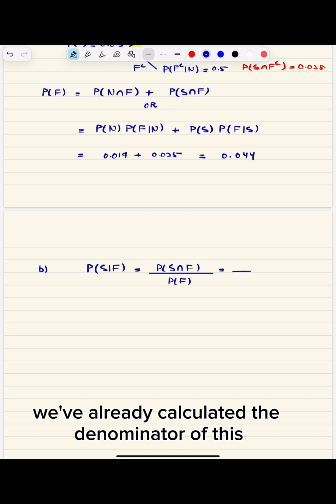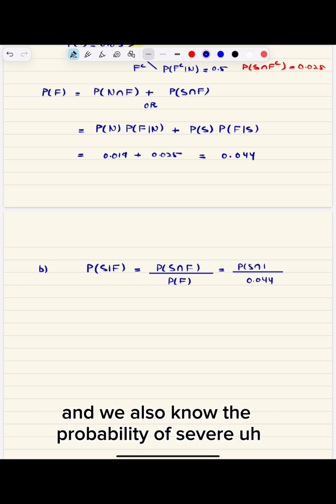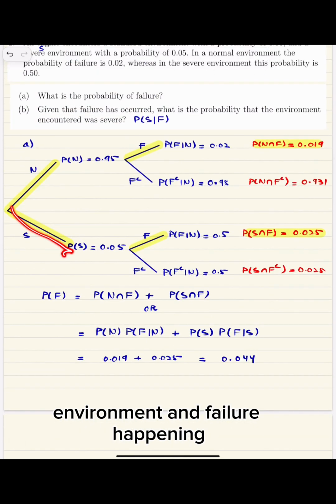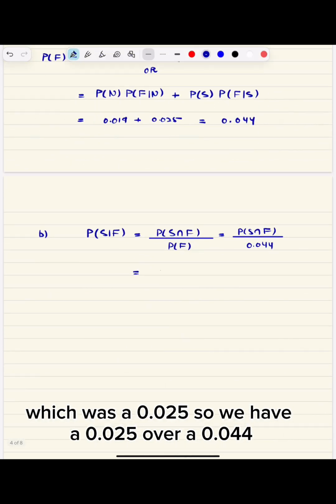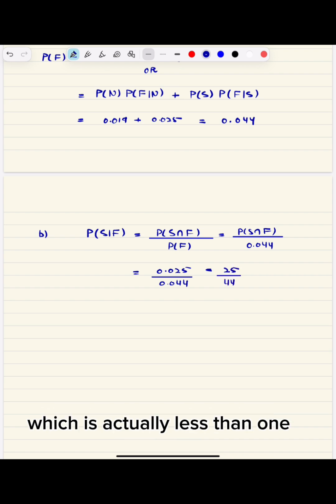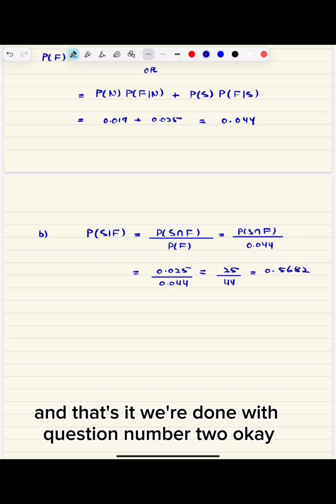We've already calculated the denominator, so we can write that down here. We also know the probability of severe environment and failure happening was 0.025. So we have 0.025 over 0.044, which is basically 25 over 44, which is less than 1 because 25 is less than 44. But you can also write it in decimal places. And that's it, we're done with question number 2.